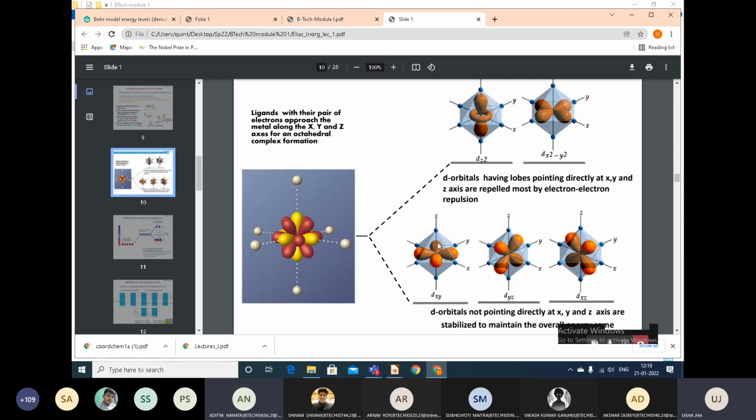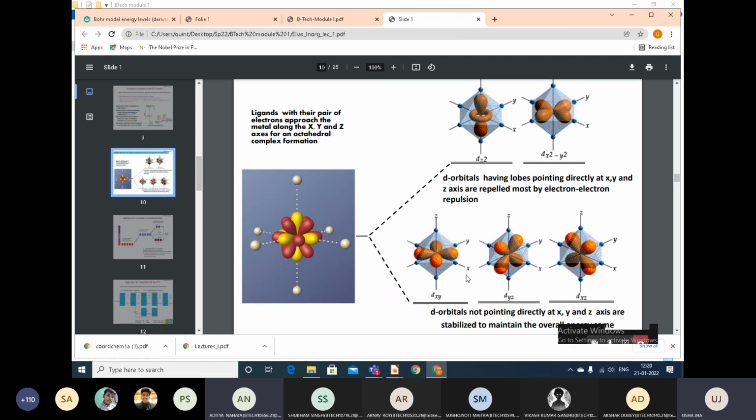And we find that dxy means that the lobes of the orbital are in between the axes. Similarly in dyz and dxz, whereas when you look at dz squared and dx squared minus y squared, you find that they are along the axes. The lobes of dx squared minus y squared are along the axes, whereas the lobes of dz squared are also along the z axis.